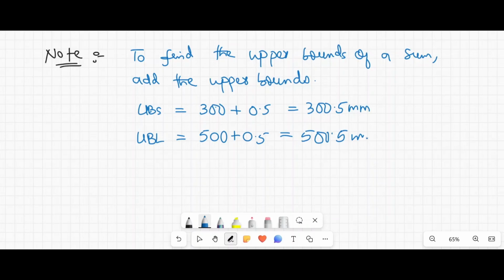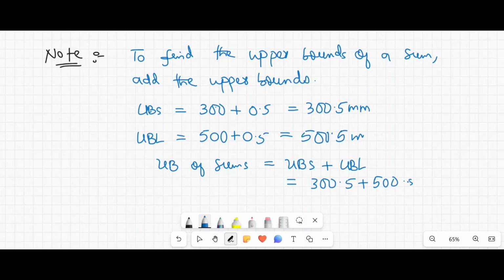So while summing the measurements, we add the upper bound of the small plus the upper bound of the large: 300.5 plus 500.5, and in the end you get 801 millimeter.